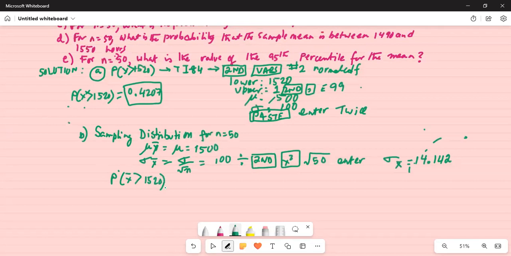Similar to what we did in part A, it will be normalcdf, which is second DISTR 2 in my calculator.